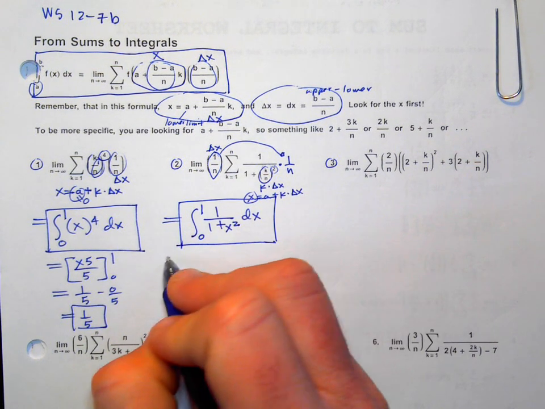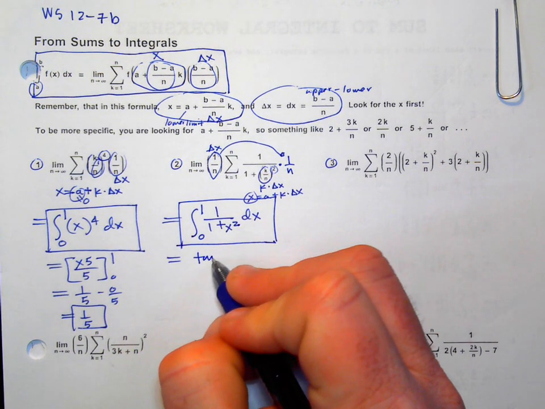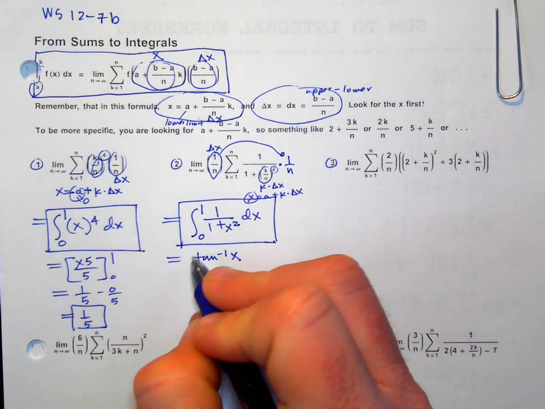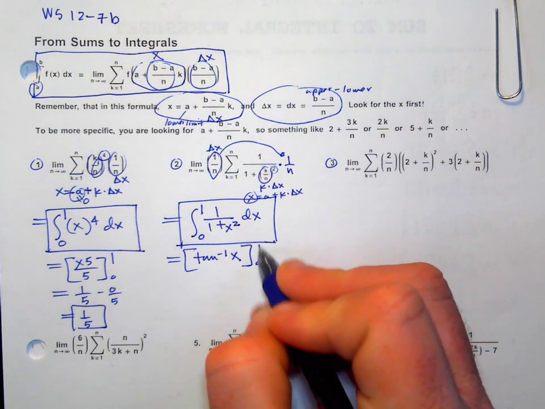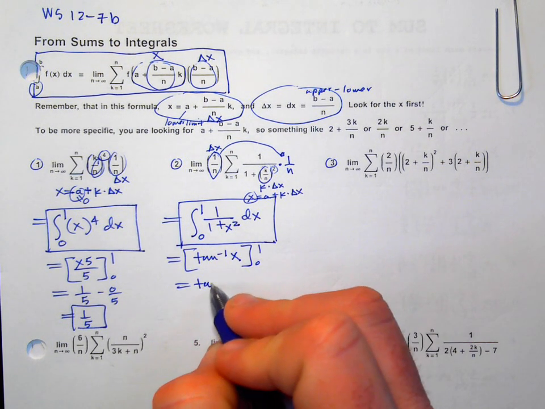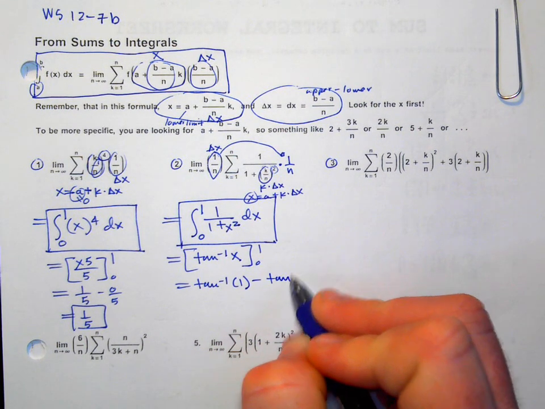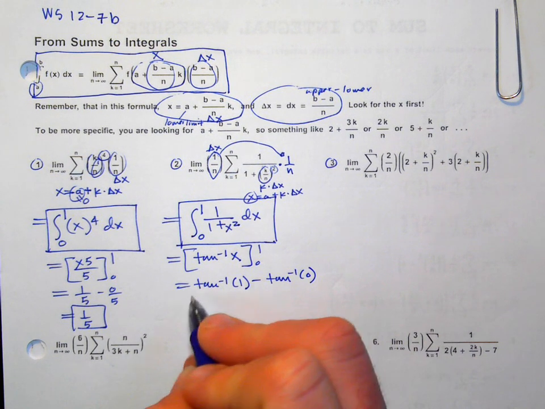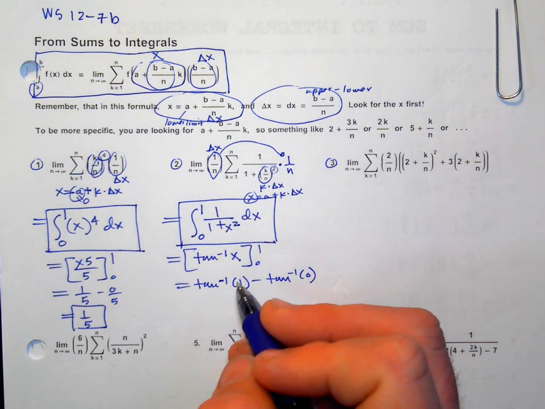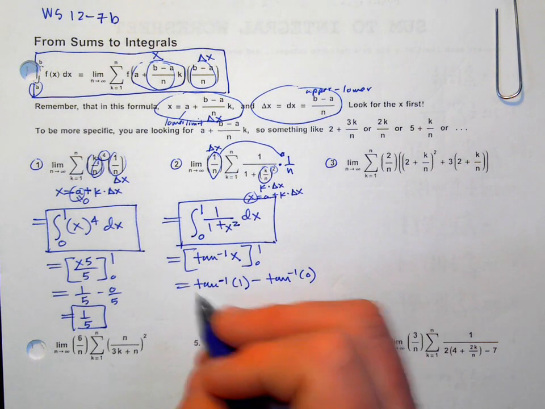Now, if we were to integrate it, this is inverse tangent of x. You guys remember that one? Don't need a plus c, it's a definite integral. Then we plug the top limit in first minus the lower limit. Inverse tangent asks: what angle do you take the tangent of that gives you 1?